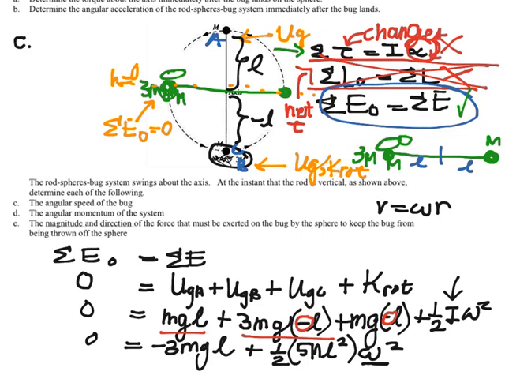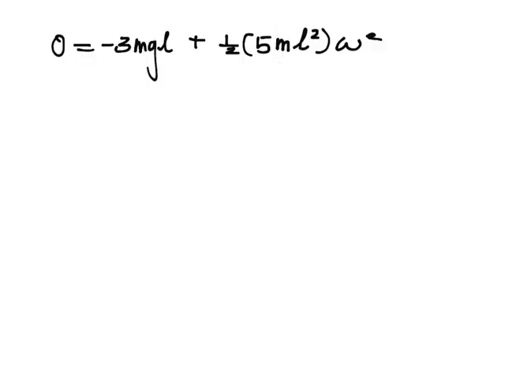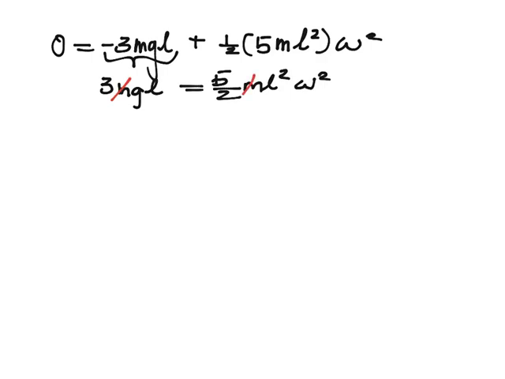And I'm solving for omega, so I want to move this minus 3mgL to the other side. So I have 3mgL at this point is equal to 5/2 mL squared omega squared. Okay, so hopefully you can see I can get rid of my m's. I can also get rid of one of my L's.